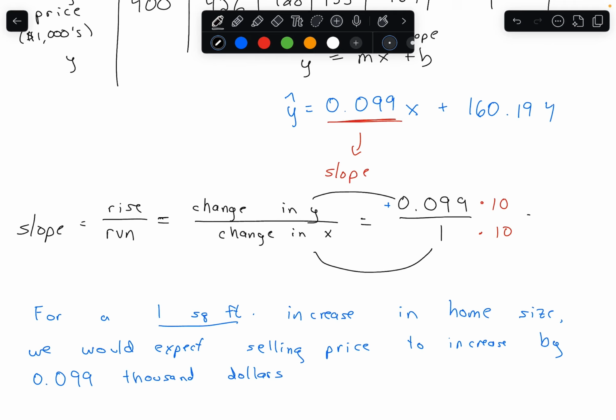If I multiply both my numerator and my denominator by 10, that would be 0.99 and 10 right here. So that would mean instead for a 10 square foot increase in home size, we would expect the selling price of the home to increase by roughly $0.99 thousand.